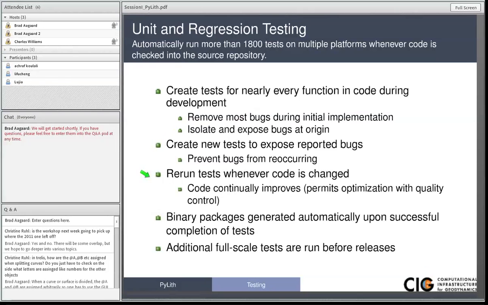And we generally run these tests whenever the code is changed, and that allows the code to continually improve. And when we do optimization, we continue to run these tests to make sure that we don't introduce additional bugs as the code runs faster and faster. And of course, we run additional full-scale tests and benchmarks before we release.